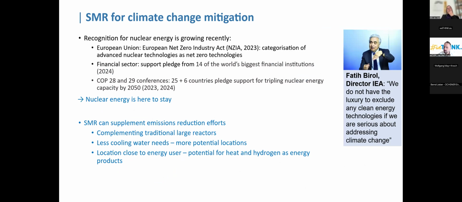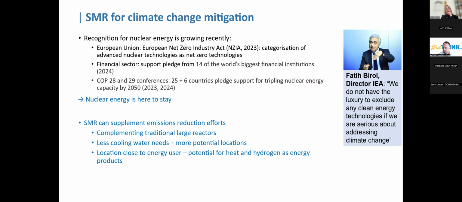So the political recognition has been growing recently. There are these 3 events. First, the European Union came with its Net Zero Industry Act in 2023, in which advanced nuclear technologies are categorized as net zero technologies. The financial sector followed suit.